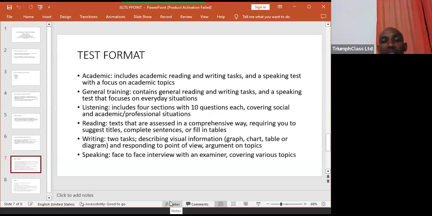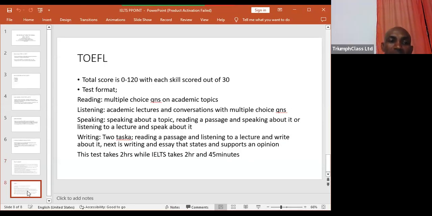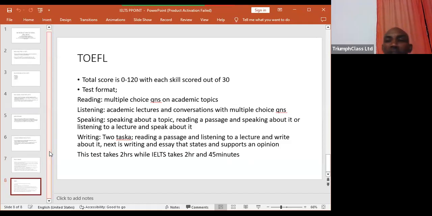These various topics are both academic, and there are also topics on our day-to-day situations. So it is a speaking task whereby you have to express your opinions in terms of speaking with the interviewer. So they are able to know that your speaking is at a good level, or you still need to improve on certain aspects of speaking.